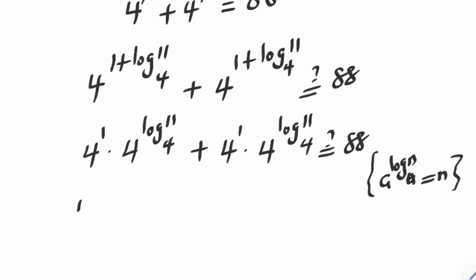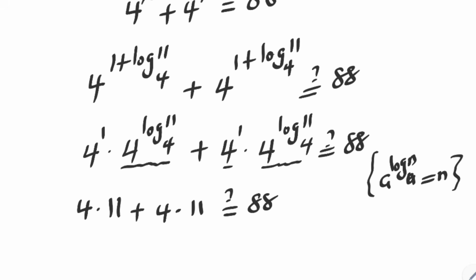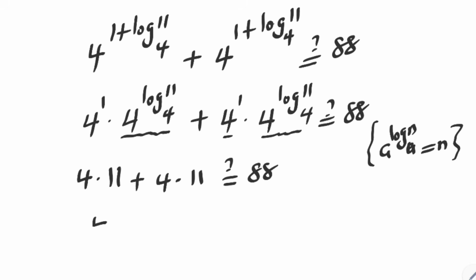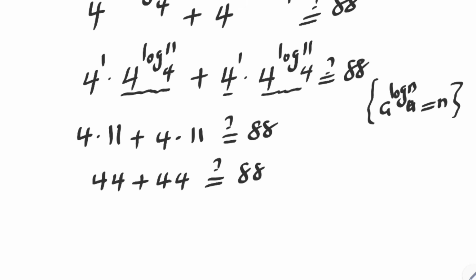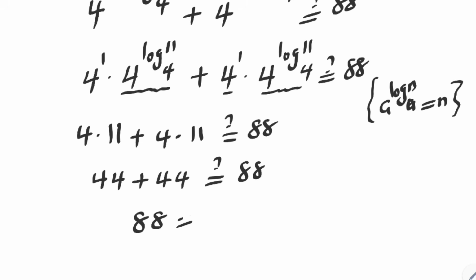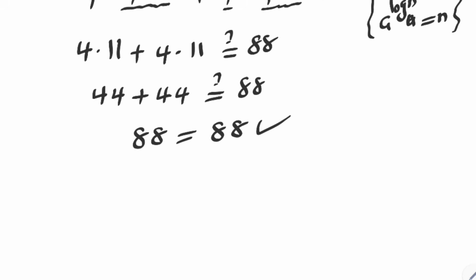So 4 raised to power 1 is 4 multiplied by the whole of this is 11 plus 4 raised to power 1 is 4 multiplied by the whole of this is 11 must be equal to 88. 4 times 11, this is 44 plus 44 must be equal to 88. And of course, 44 plus 44, this is 88 is equal to 88, which is true. Let us consider the second method.